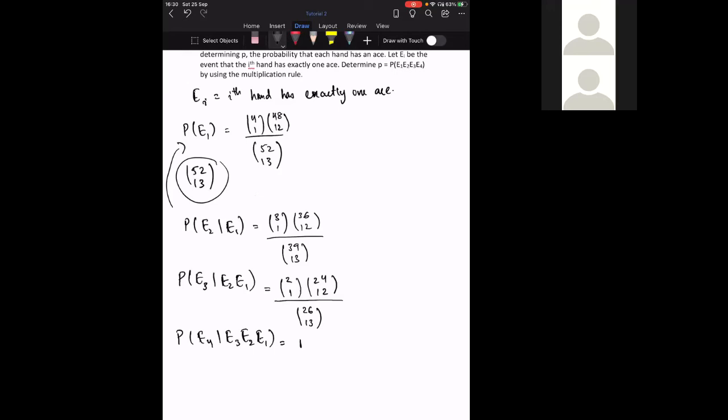What do we want? We want the intersection of all four. Let's just look at the first two first. If I multiply the probability of E1 by the probability of E2 given E1, then we know from the conditional probability formula that this is just E1 intersection E2.